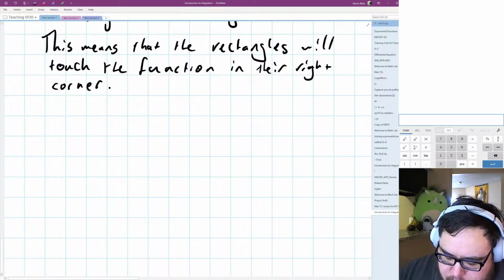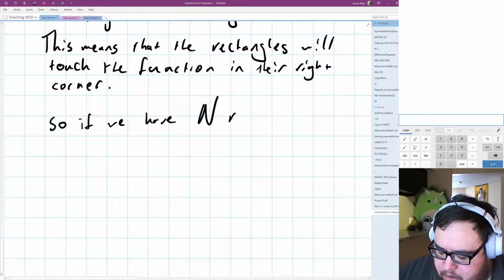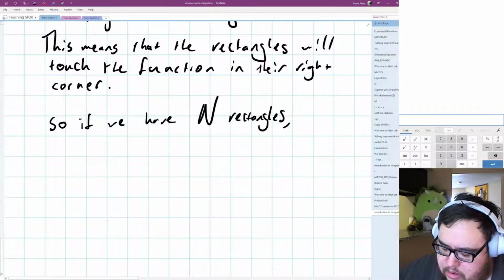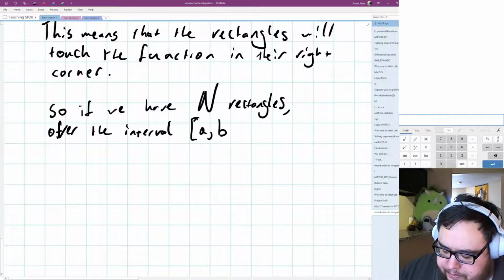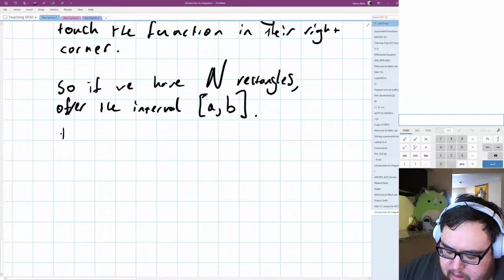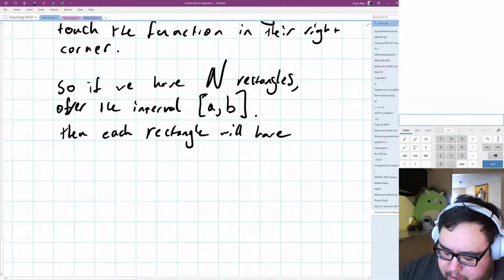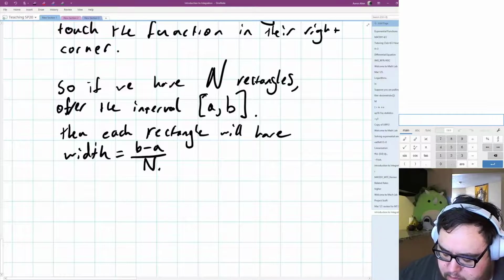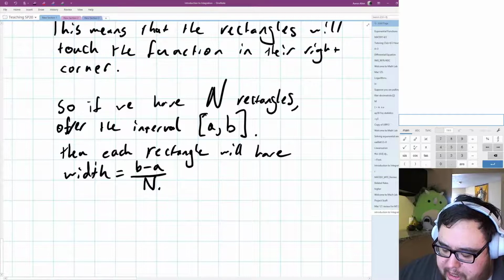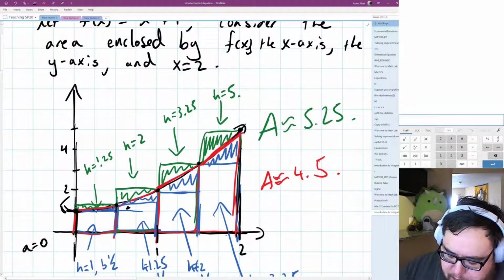So if we have n rectangles over the interval a to b, then each rectangle will have width equal to b minus a divided by big N. So in our earlier example, a was 0, b was 2.